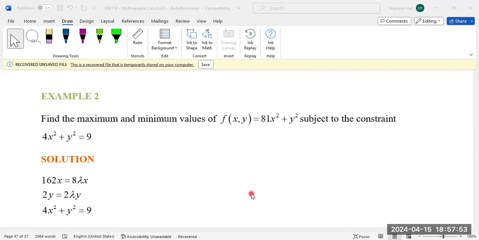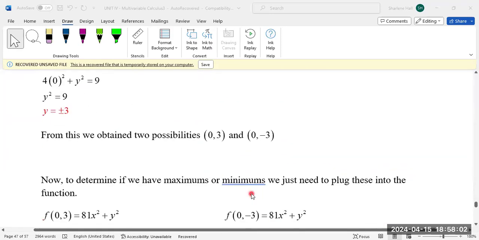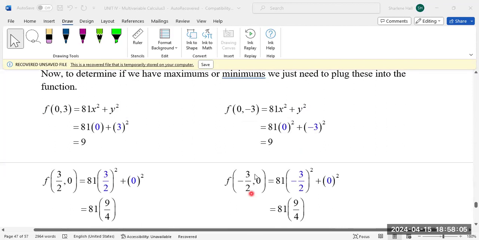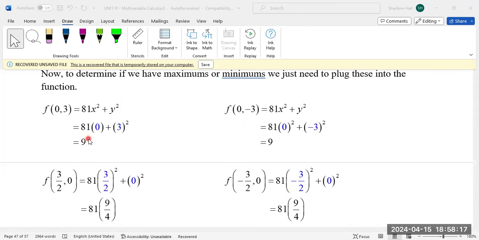So for the values that I substituted, the 0, 3 and the 0, negative 3 both gave me a value of 9. When I substituted the 3 halves, 0, and the other 3 halves, 0, I am getting positive 729 over 4.